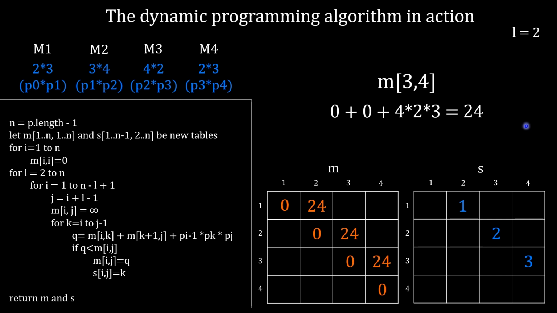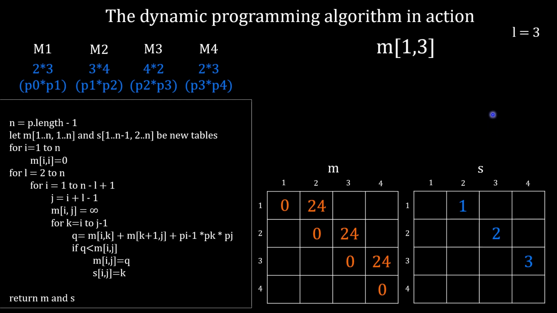Now we have the answer to the subproblems. We can use it in a different, bigger subproblem. We can now move on to a range of 3. So L here in the code just keeps track of the range of how many matrices we're multiplying together at once. Looking at this range, so we're multiplying from matrix 1 to matrix 3.